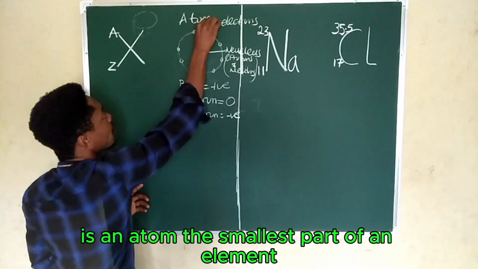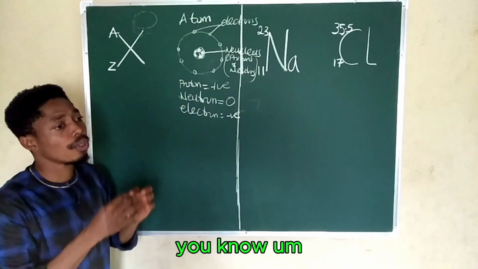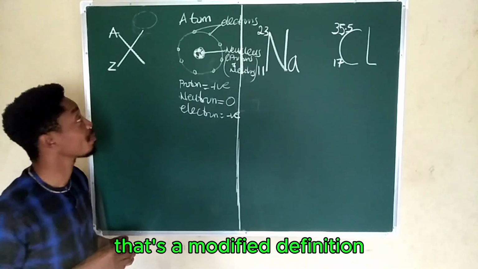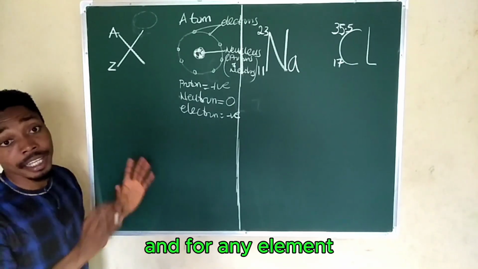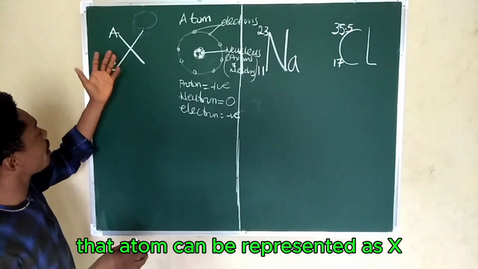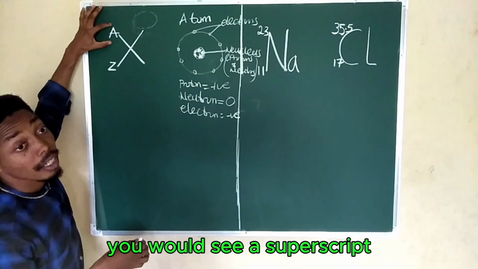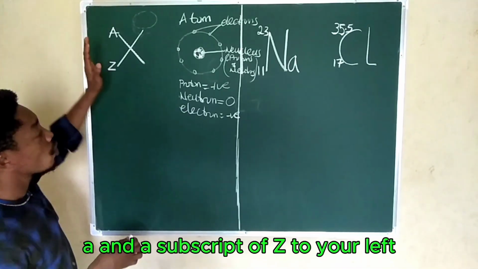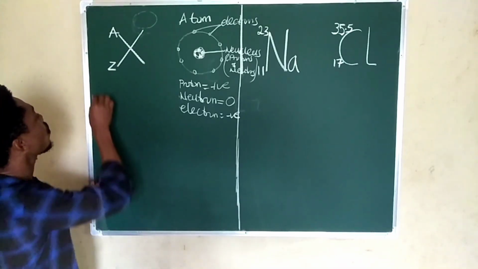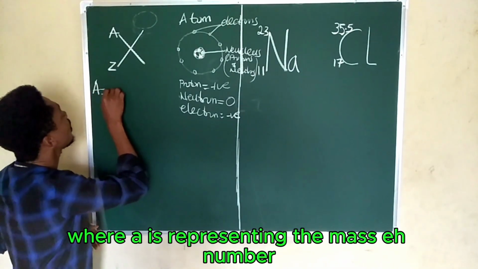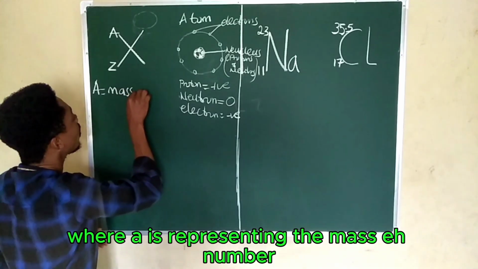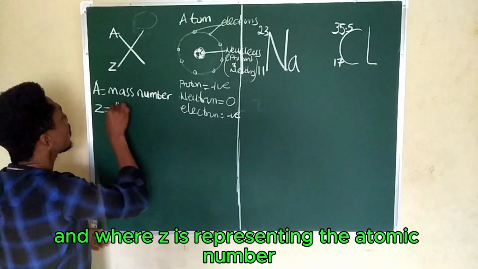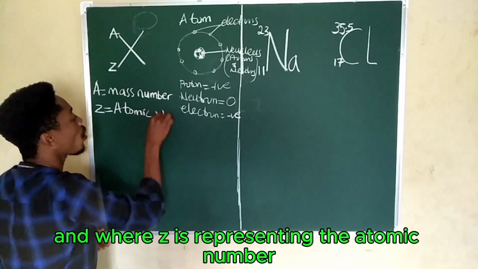For any element, that atom can be represented as X, with a superscript A and a subscript Z to the left, where A represents the mass number, and Z represents the atomic number.